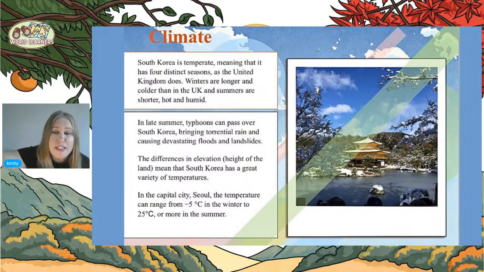So same in South Korea, because of all the variety of lower level land and then the high mountains, it's got a variety of different temperatures. In the capital city, Seoul, the temperature can range from -5 in the winter to 25 in the summer. So the winter may be generally a bit colder than we have in the UK.